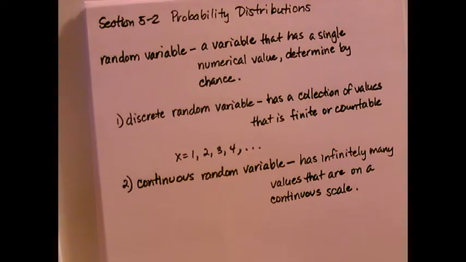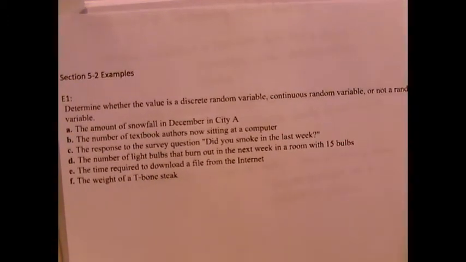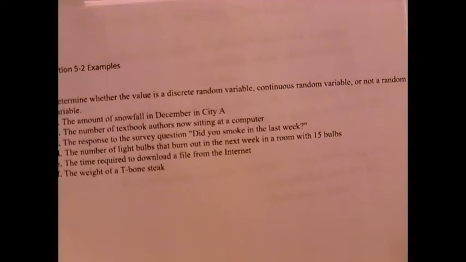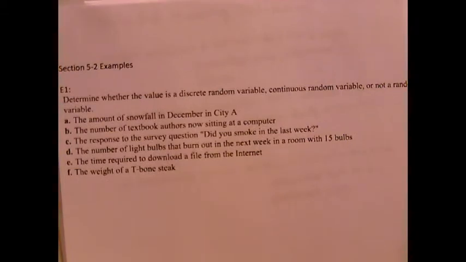In this case, I have some examples of just this. Let's say we want to determine whether the value is a discrete random variable, continuous random variable, or not a random variable, based on those definitions. In part A, we have the amount of snowfall in December in city A. Here the amount of snowfall can be measured to a precise amount, say 8.4 inches of snow in December.